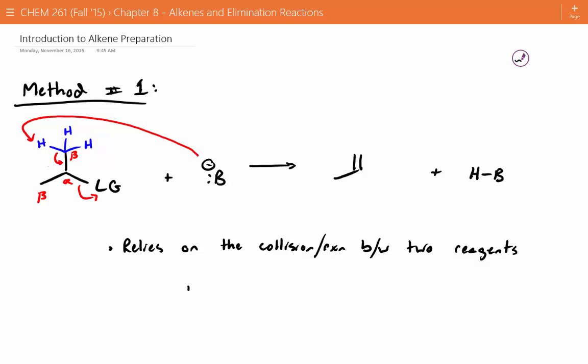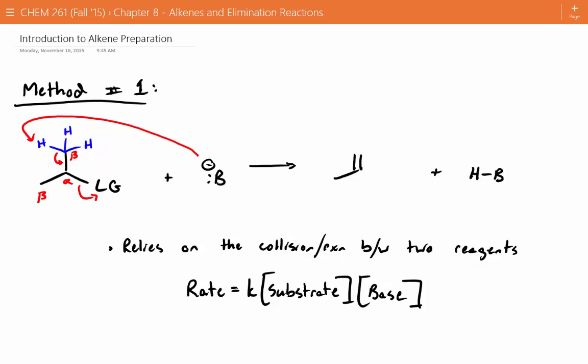So let's write our rate equation. We've got rate equals some little k times the concentration of our starting material on the left, which matters a lot, right? So we'll call this our concentration of substrate. And the concentration of our base matters a lot. So is this first order or second order?